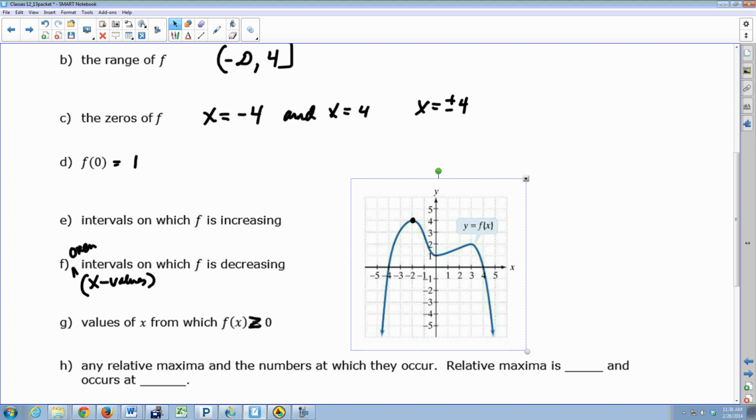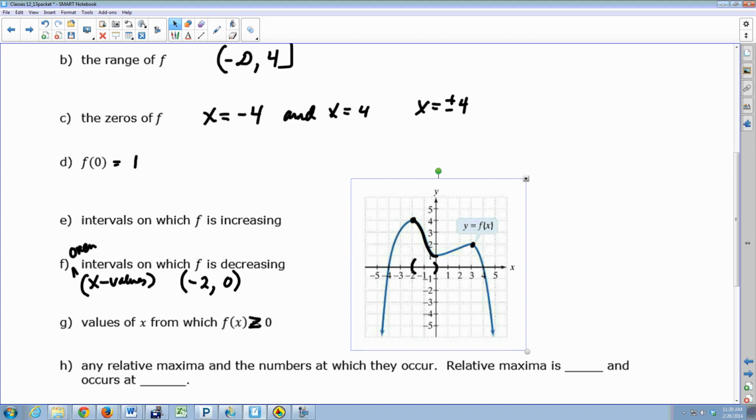So go to your high points and look at what happens after that. The values of x open from -2 to 0, because that's where your little relative minimum is going to be at 0, 1. Decreasing is from -2 comma to 0, open.